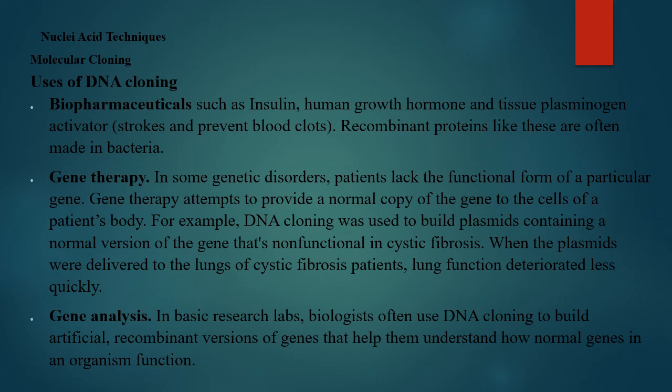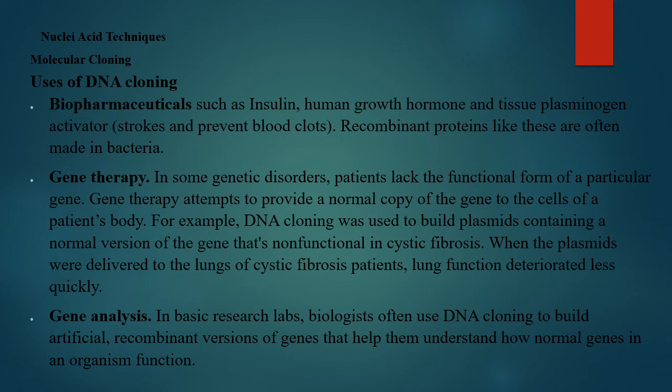When the plasmids were delivered to the lungs of cystic fibrosis patients, lung function deteriorated less quickly. In cystic fibrosis, fluids fill the lungs, but once you introduce the normal gene, the lungs deteriorate less, and the cystic fibrosis becomes lesser. So that's a direct gene therapy.